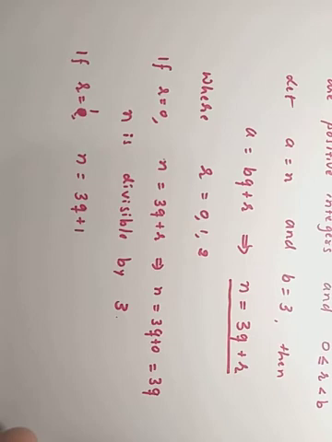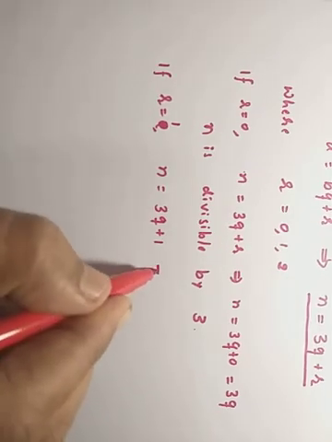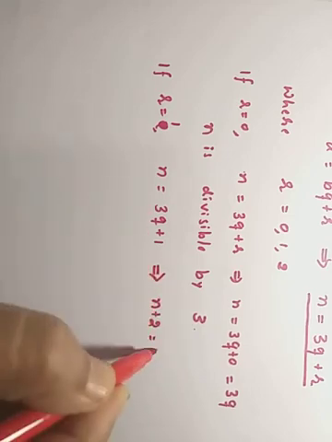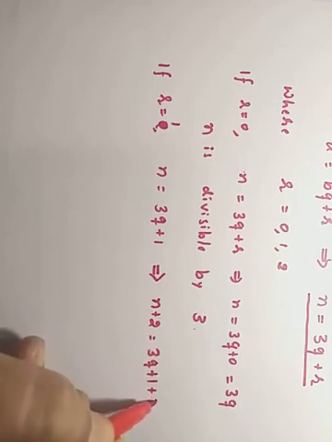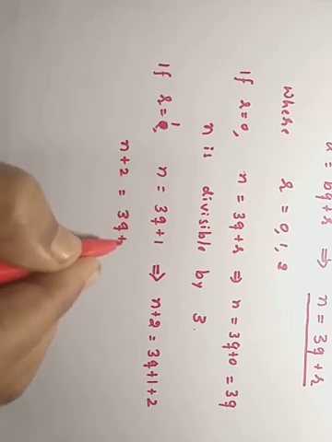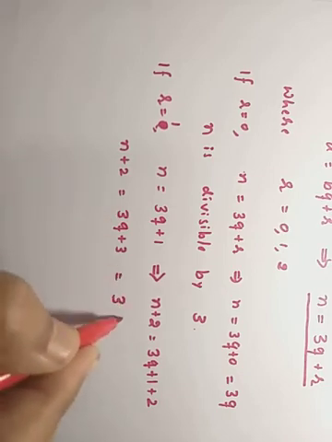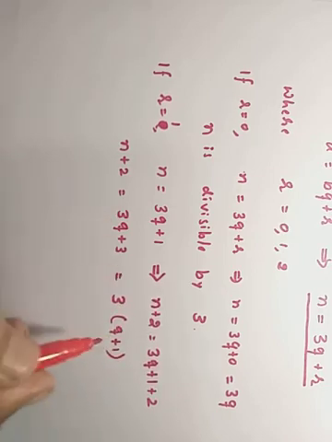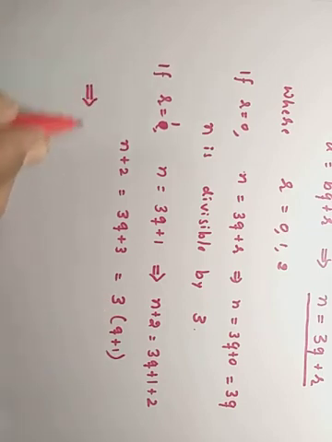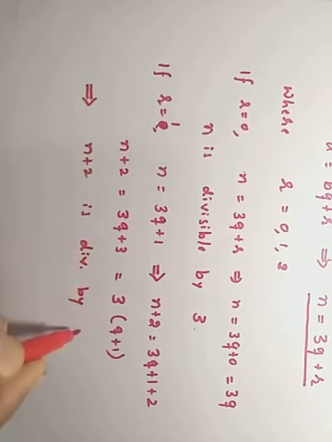Therefore, I write n plus 2 is equal to 3q plus 1 plus 2. That is n plus 2 is equal to 3q plus 3, where 3 is taken common, 3 times q plus 1, and hence it contains 3. This implies n plus 2 is divisible by 3.